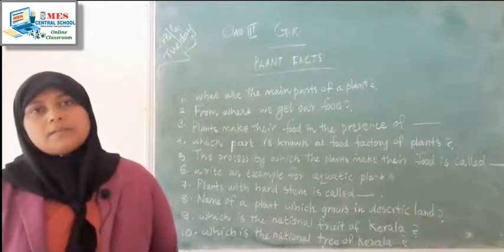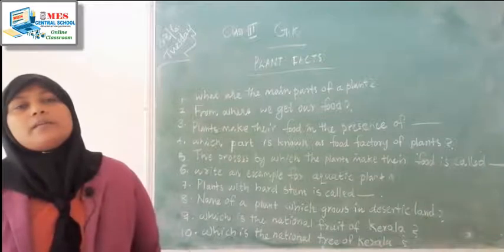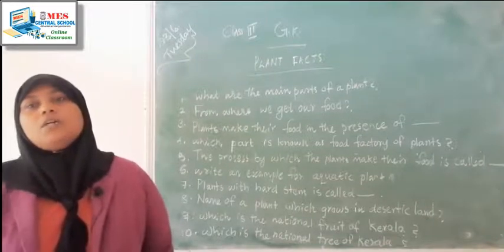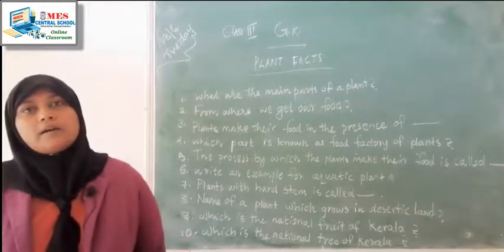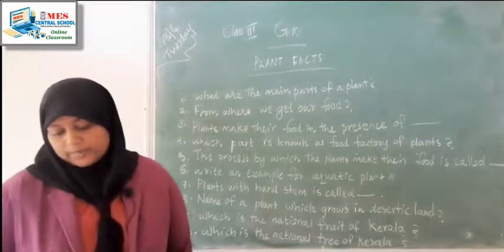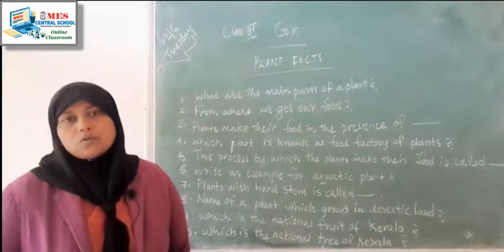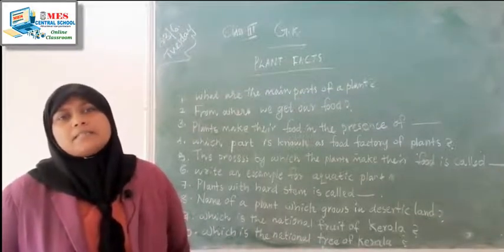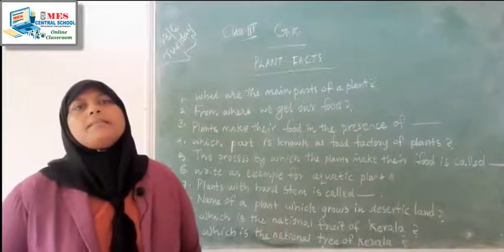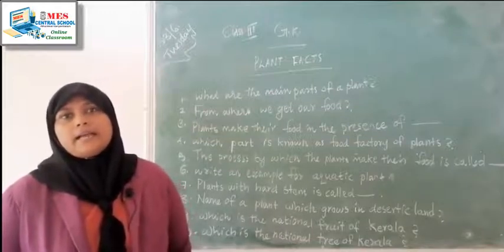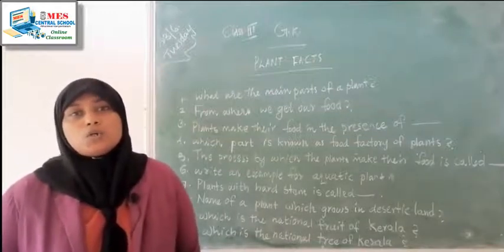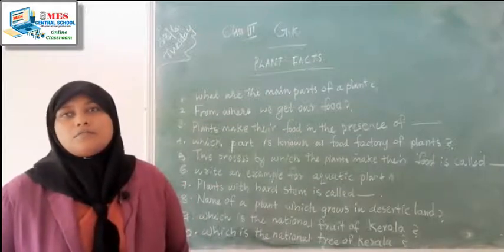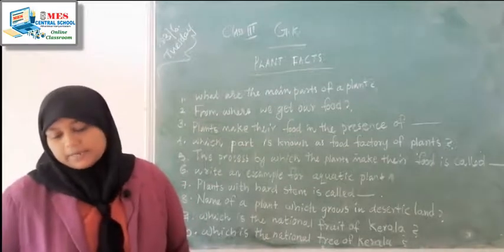Wood is used for making different furniture. You know the different types of furniture in your home and different places. So for different purposes, animals including human beings depend on plants. And plants are called autotrophs because they are preparing their own food by themselves.